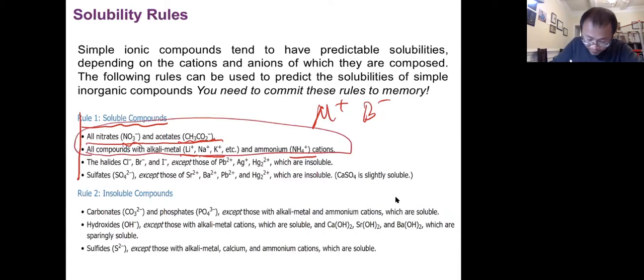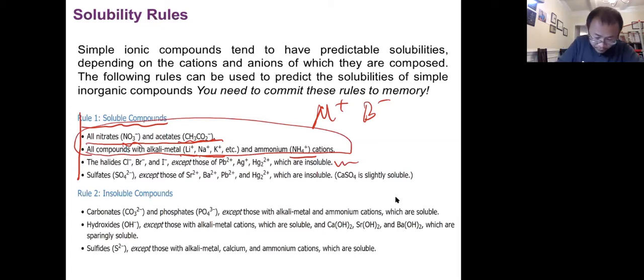Let's take a look at this one. If the formula contains chlorine, bromine, or iodine, halides: chloride, bromide, iodide. Again, we're talking about ionic compounds. That's why we have a negative charge for these, they're -1. These will generally be soluble unless the metal is lead, silver, or mercury.